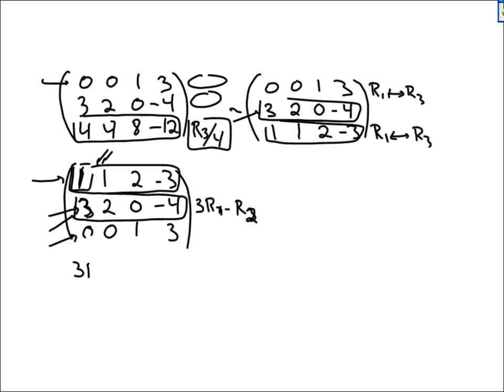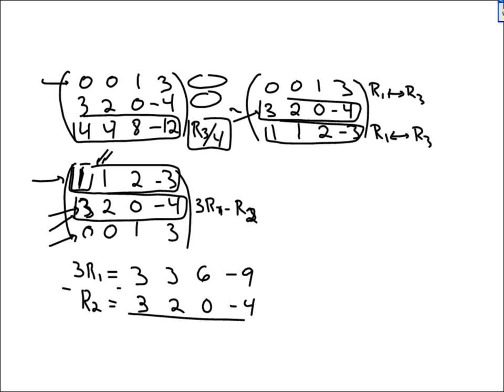3 times row 1 is 3 times 1, 3 times 1, 3 times 2, 3 times negative 3. And row 2 is 3, 2, 0, negative 4. And I am going to subtract because 3 and 3, when you subtract, you get 0. 3 minus 1, 6 minus 0, negative 9 minus a negative 4, it's negative 5.